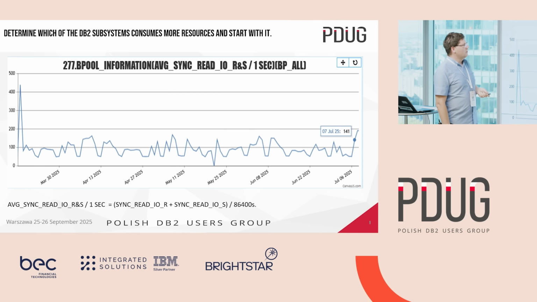Average synchronous read input-output, random and sequential, per second for all buffer pools. In this case, the value is 100 per day. Maybe it's a high value because it must be lower, but it's important to control this value over some period of time, and the formula is easy.